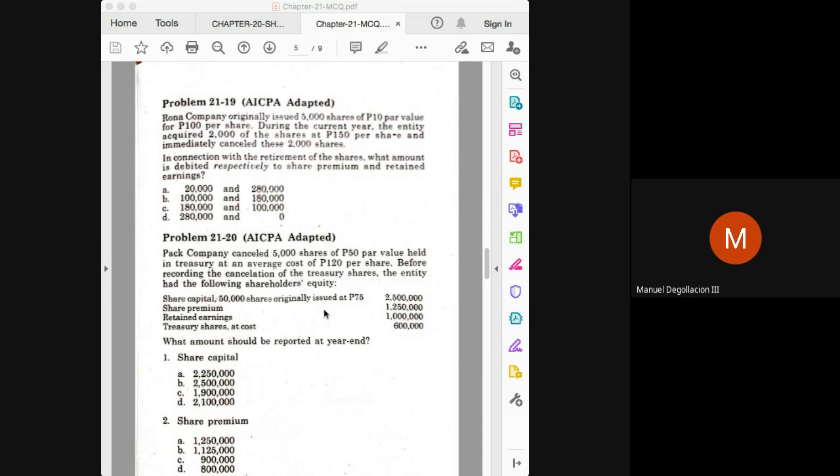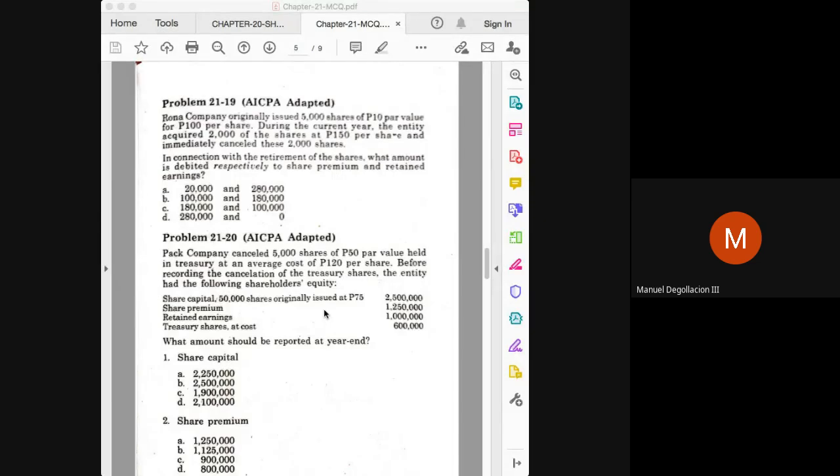But since we are going to immediately cancel them, we will have to recognize the treasury shares as well. So our entry will have a credit to treasury shares amounting to 300,000. Now, what else will our entry for the retirement, or the cancellation of the shares, include? It will include the recognition of the shares from their original issuance. We will remove the share capital and the share premium based on the amounts included from their original issuance.